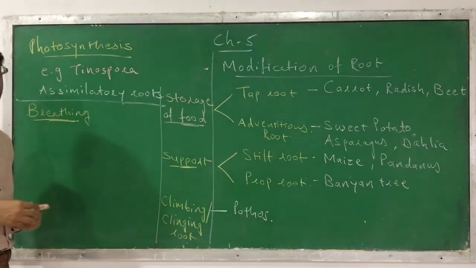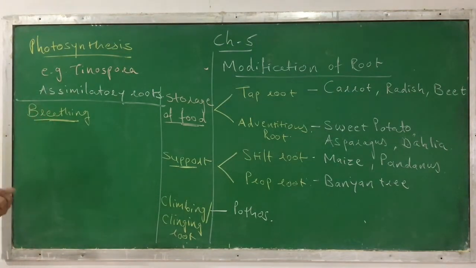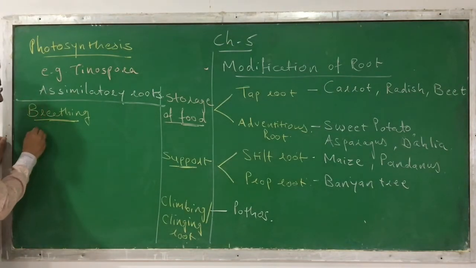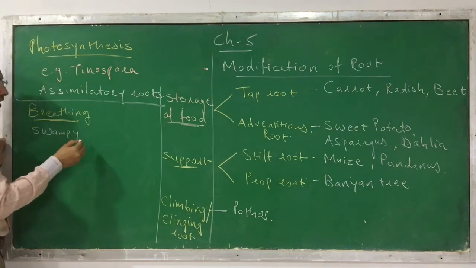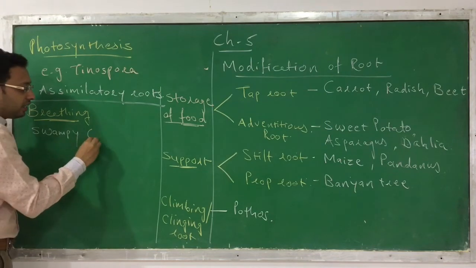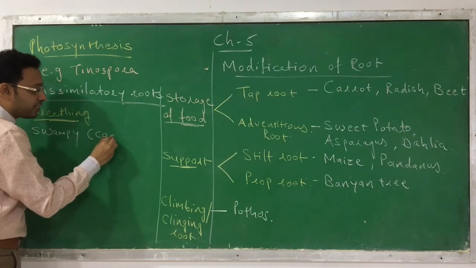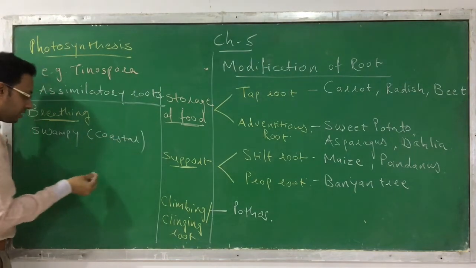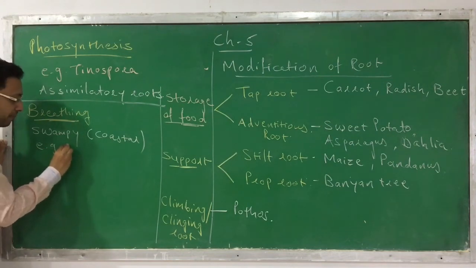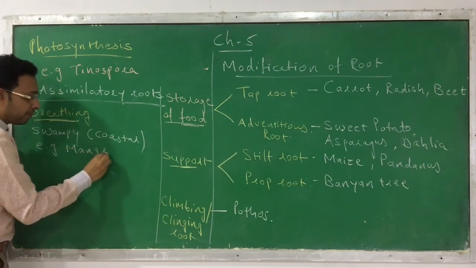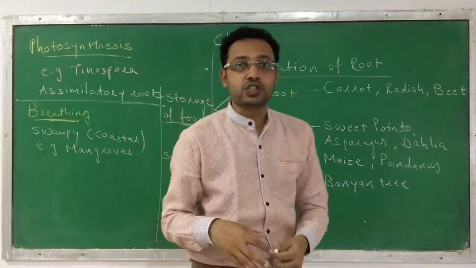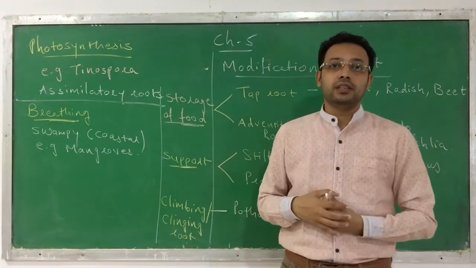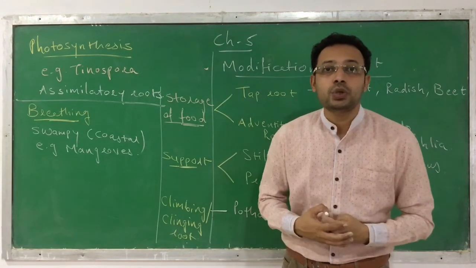But there are a few plants which grow in a swampy, muddy region and in a salty region found nearer to coastal lines, for example, mangroves. Mangroves are plants which grow nearer to a coastal region in salty soil. Muddy and salty soils are present.